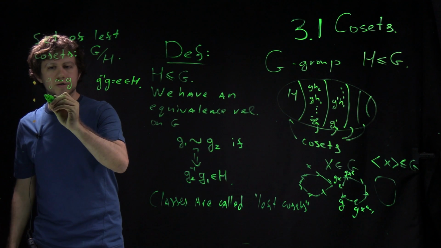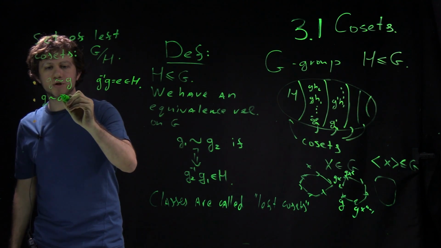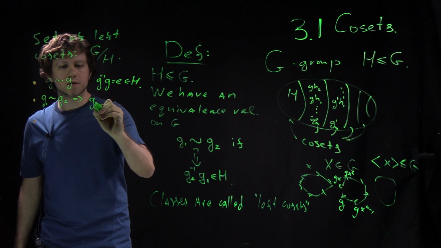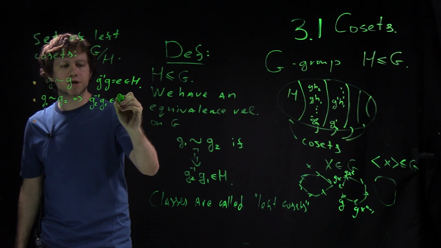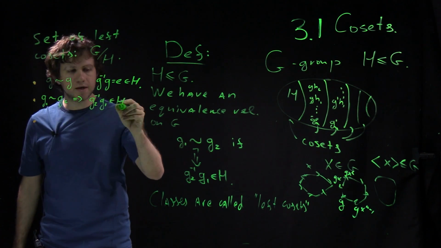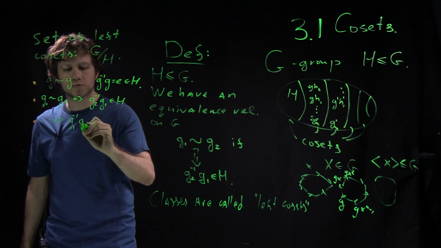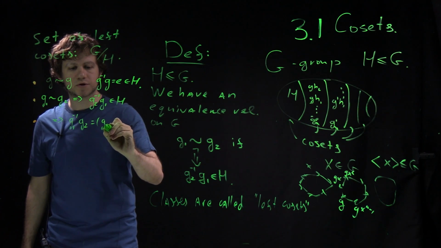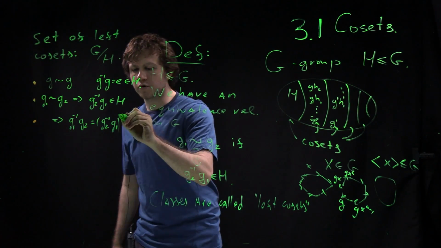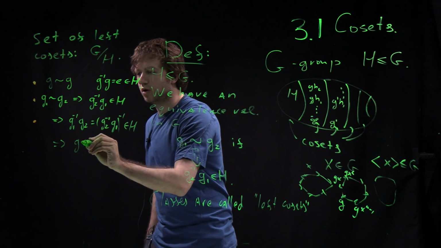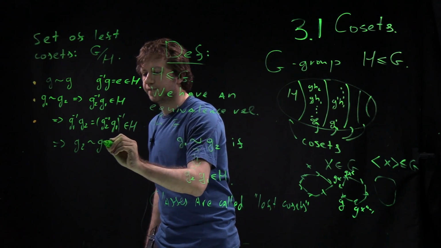Then, g1 equivalent to g2 implies that g2 inverse g1 is in H, but then you can always take an inverse in H, so it means that g1 inverse g2, which is (g2 inverse g1) inverse, is inside H, and this implies that g2 is equivalent to g1.